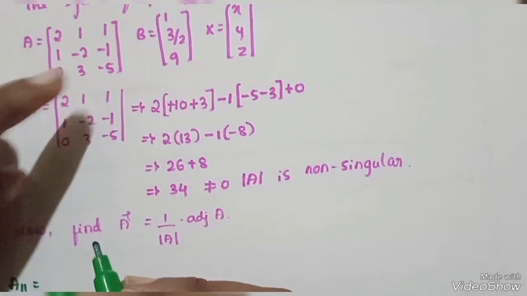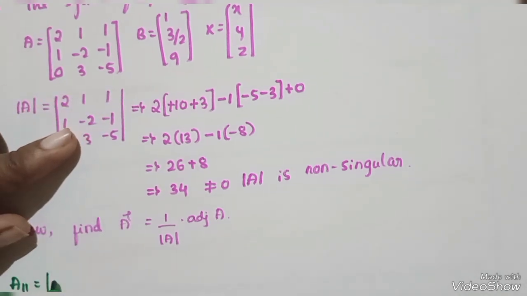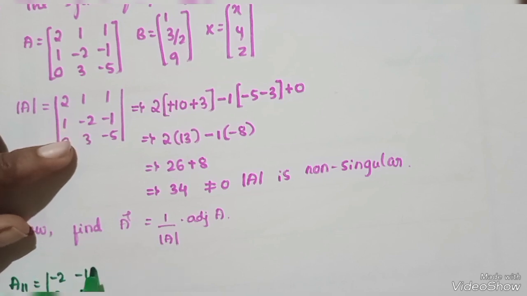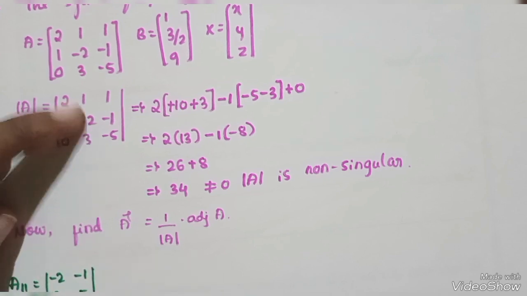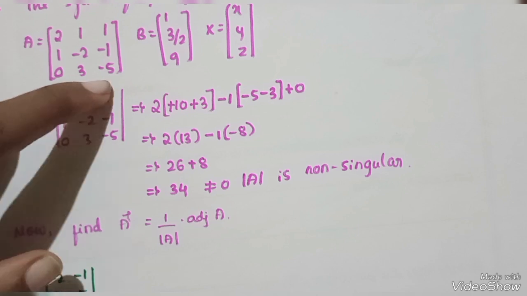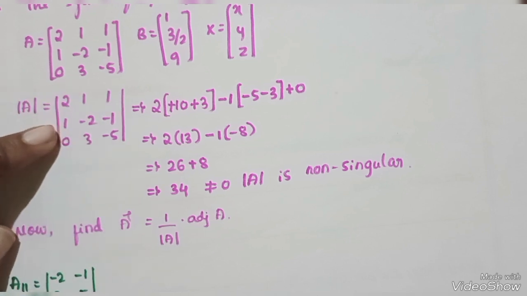Neglecting this row and column, what is left? Minus 2, minus 1, 3, minus 5. Again, for the second element, neglect this column and row. What are the elements left? 1, minus 1, 0, minus 5.